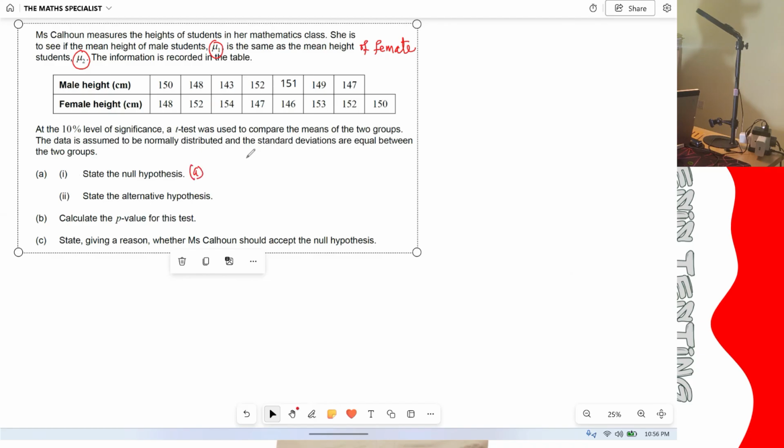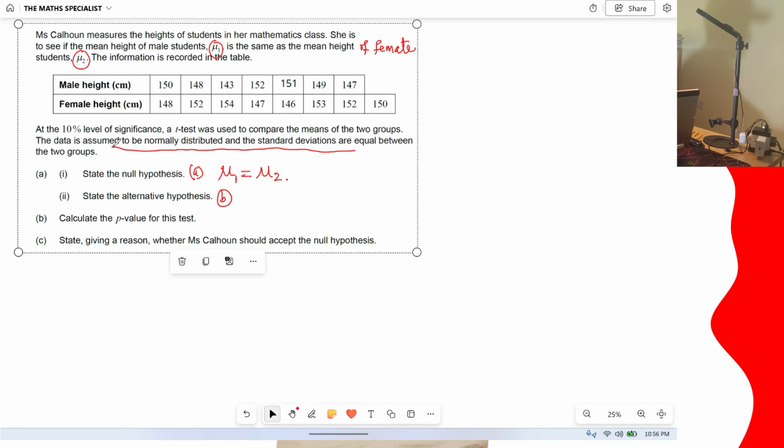How do we state the null hypothesis? Here we state the null hypothesis by saying mu1 equals mu2. The alternative hypothesis, what is the alternative hypothesis? This always goes against the claim, because the claim says that the data is assumed to be normally distributed, and the standard deviations are equal between the two groups.